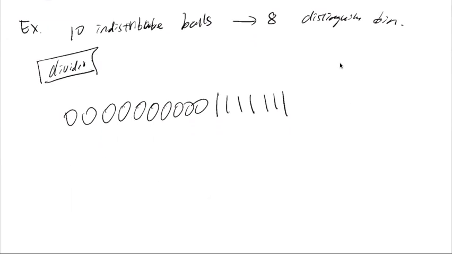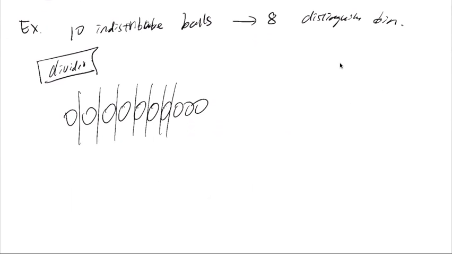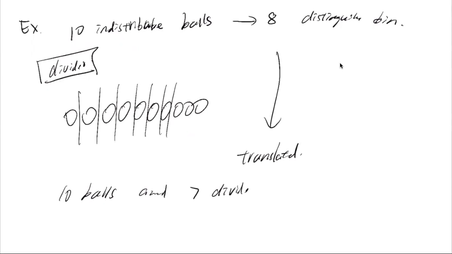Given that I have 10 balls, I can set up the divider in any position among these 10 balls. Empty boxes are allowed. So in total, I have 10 balls and 7 dividers.